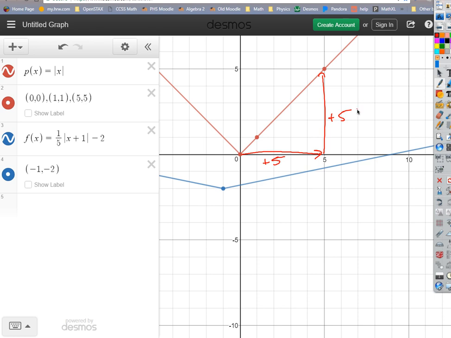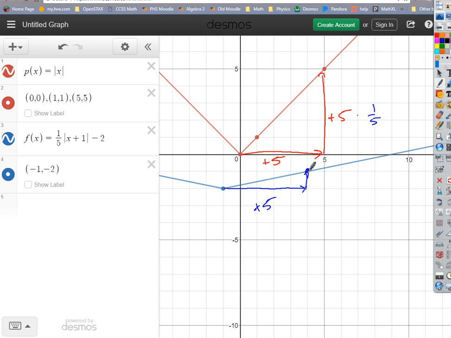If we move the same distance sideways from our new vertex, how much are we going to move up? Well, I'm going to move up 5 times a, which is 1/5, right? So I just go up by 1, and there's my point. See how that works? Okay.